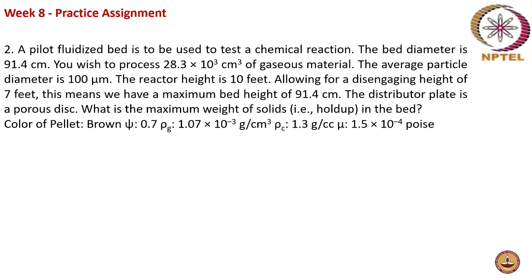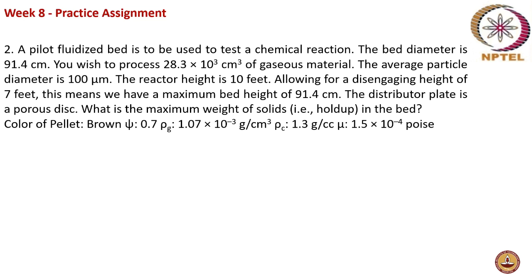A pilot fluidized bed is to be used to test a chemical reaction. The bed diameter is 91.4 centimeter. You wish to process 28.3 into 10 power 3 centimeter cube of gaseous material. The average particle diameter is 100 micrometer.